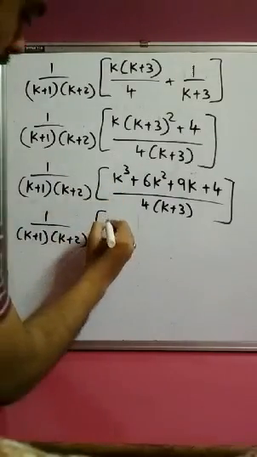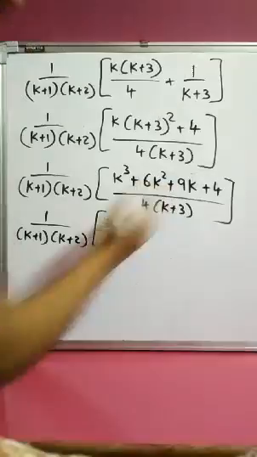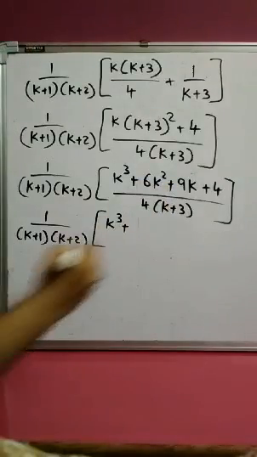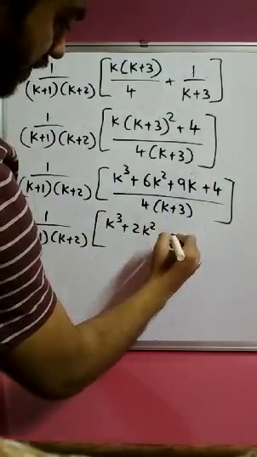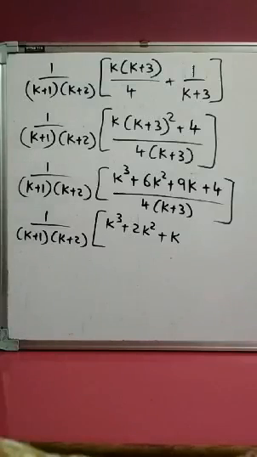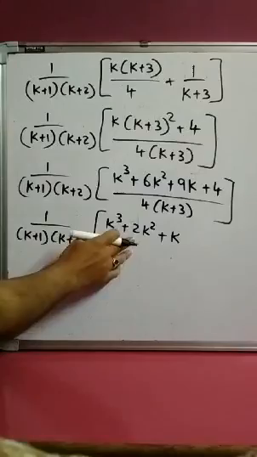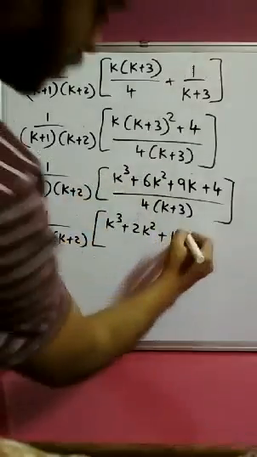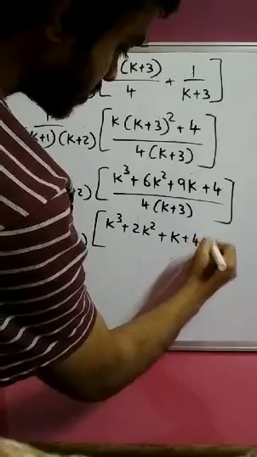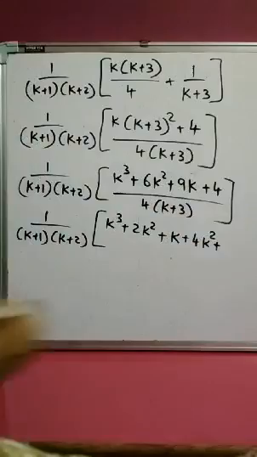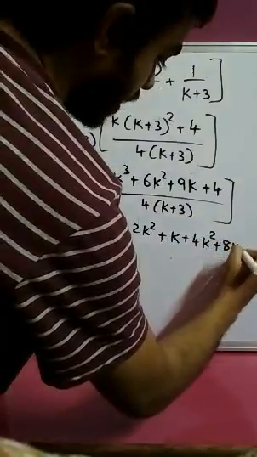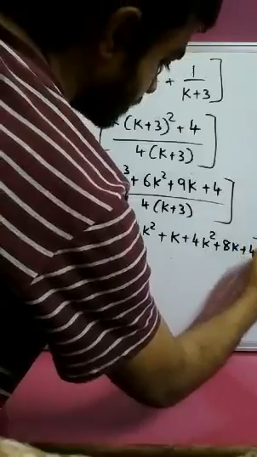Here I will separate this 6k square, I will write it as 2k square. 9k I will write it as k. Why? But before that I will tell you, in 2k square and 6k square what is the difference? 4. So here 4k square, but we want 9k, so I will write here 8k and plus 4 as it is.